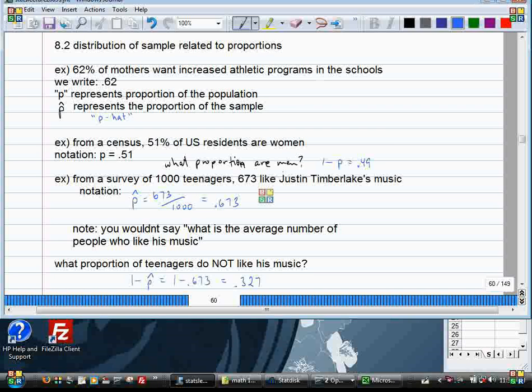So again, that's what a proportion is. You're probably more used to thinking of it as percentages, but you're going to have to switch over to think of it as proportions using decimal numbers.